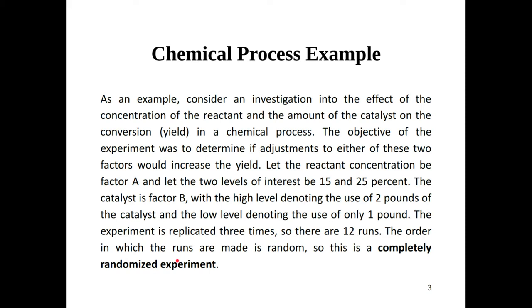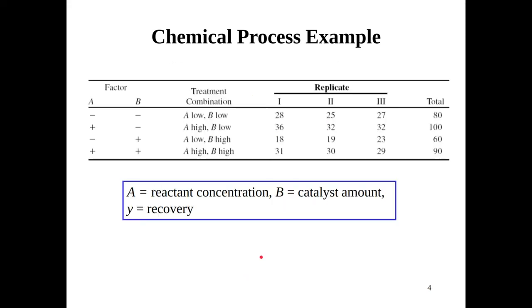The order in which these experiments were performed was random, right? Randomization is one of the basic principles of design of experiments. So this is a completely randomized experiment. Here is the data collected for the experiment. We indicate low level by minus and high level by plus.